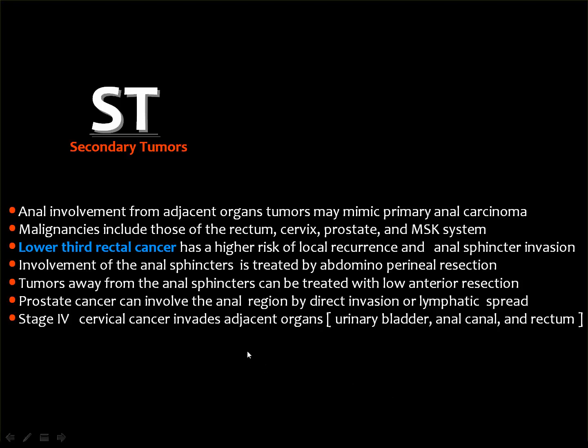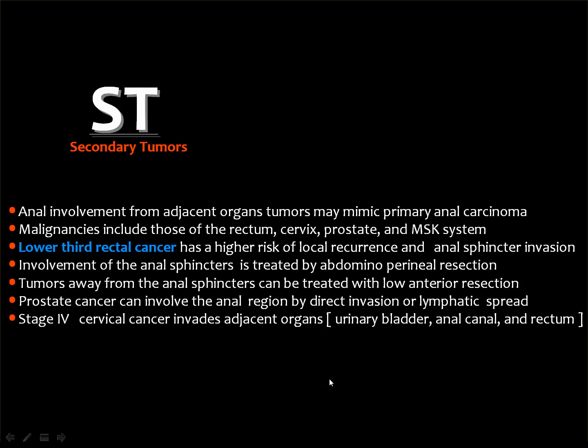Then the last issue in the neoplasms is the secondary tumors, by which we mean metastasis to the anal canal. Actually, the most common is the local extension from adjacent malignancies, especially the lower third rectal cancer, which can spread to the anal area.